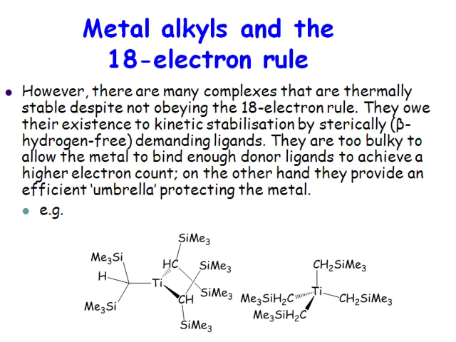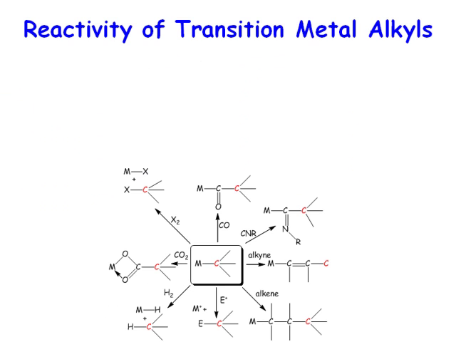And we do not have a beta hydrogen. In the beta position there are silicon atoms, or silicon carbon linkages, so we do not have any beta hydrogens on these species, and so they do not undergo beta hydride elimination. They're sterically saturated even if they're nothing like being electronically saturated.